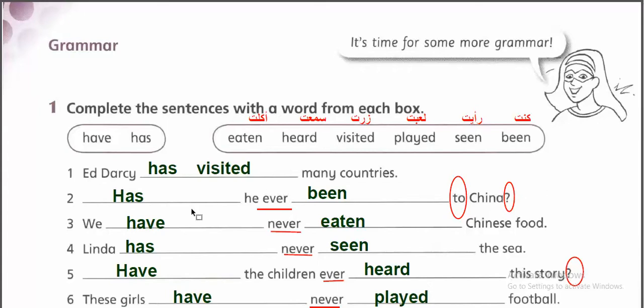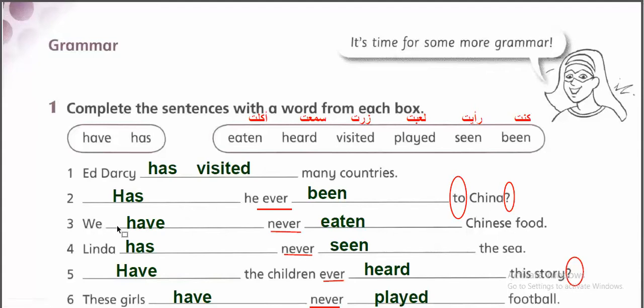For that, we put the helping verb has before he, then ever. Then verb 3 of be is been. To China, I use been because it is the suitable verb.